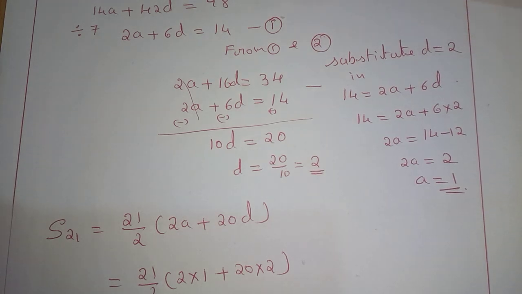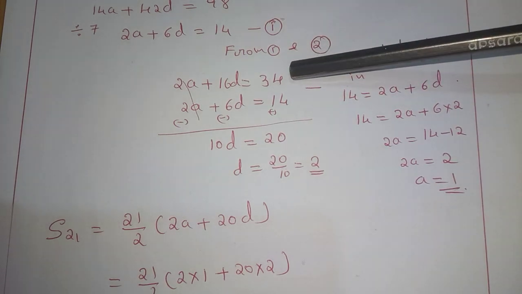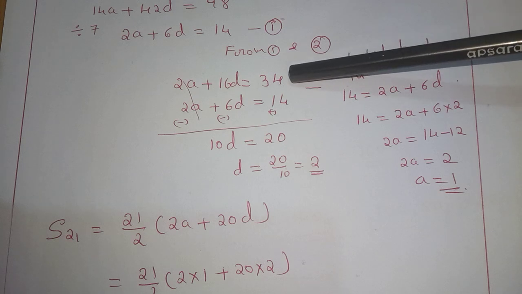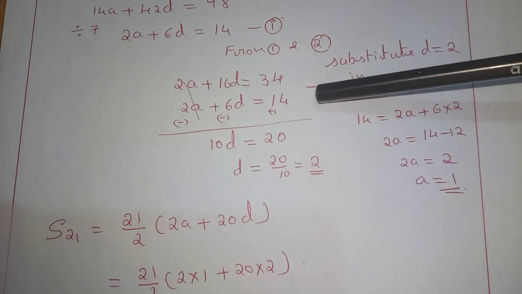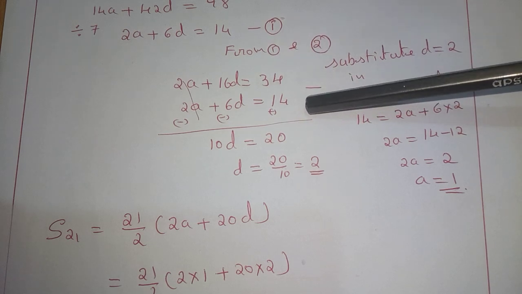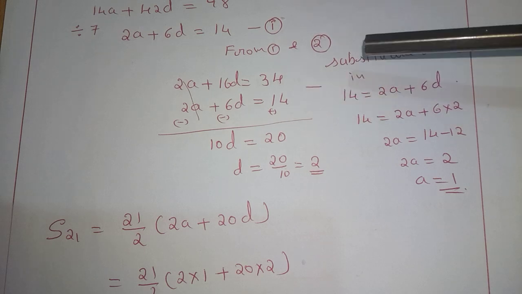Now, the second equation we will write first. 2a plus 16d is equal to 34. Below that, first equation, 2a plus 6d is equal to 14.